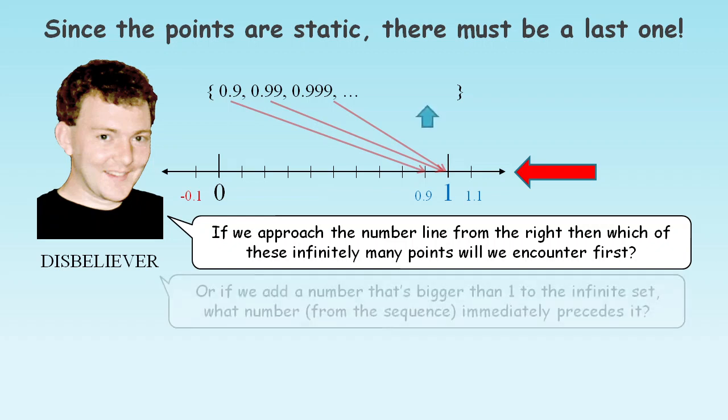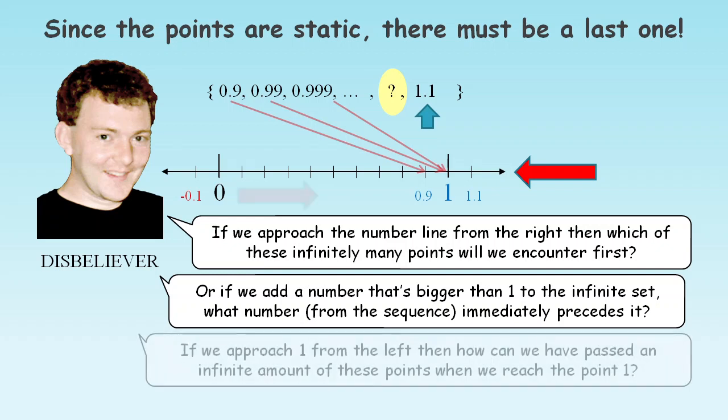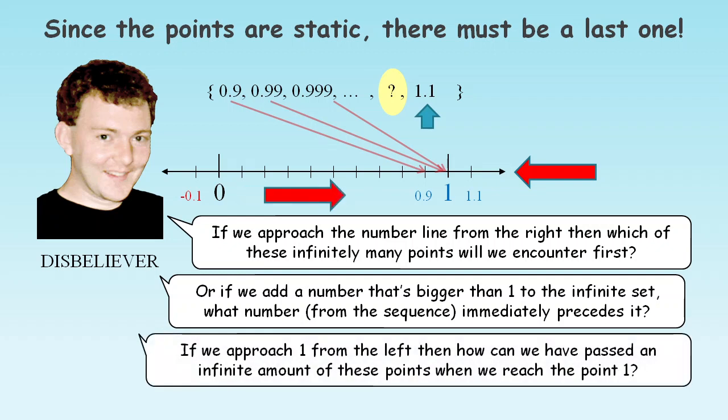Or, if we think of these points in an ordered infinite set, and we add a number that's bigger than 1 in this set, what number will immediately precede it? We can't just avoid the issue by saying the least upper bound is 1, because 1 is not in the set. Or, if we approach 1 from the left, then how can we have passed an infinite amount of these points when we reach the point 1? And how can we not have passed a last point?